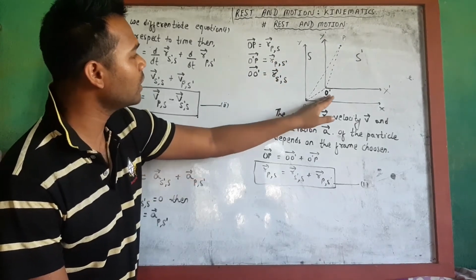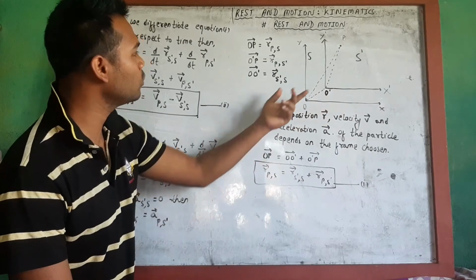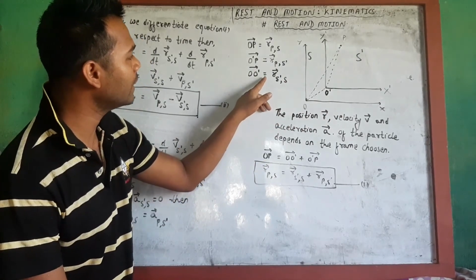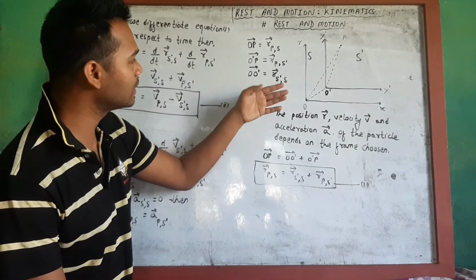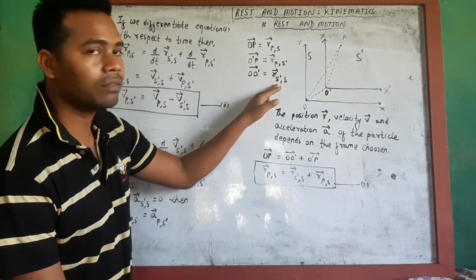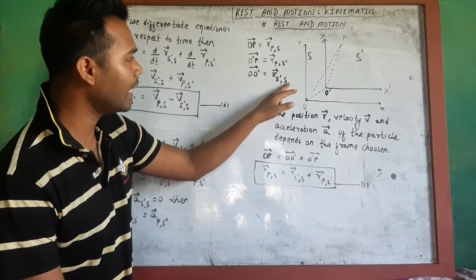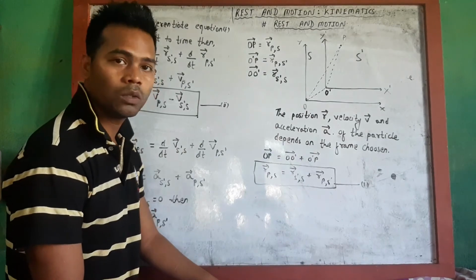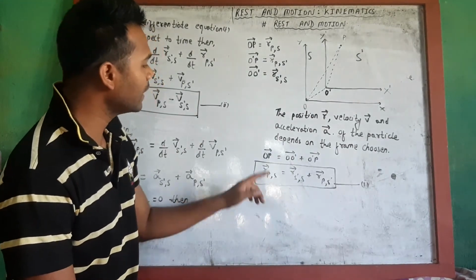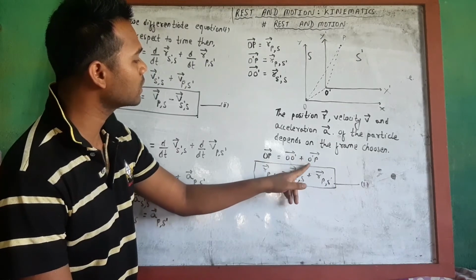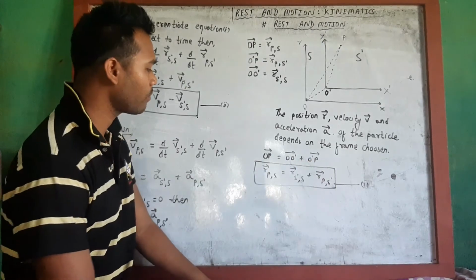Again, the position vector of the S dash frame with respect to the S frame can be given by the OO dash vector, and it is denoted as r vector S dash comma S. It shows the position vector of the S dash frame with respect to S. Now here, if we apply the triangle vector rule, then we get OP vector is equal to OO dash vector plus O dash P vector.